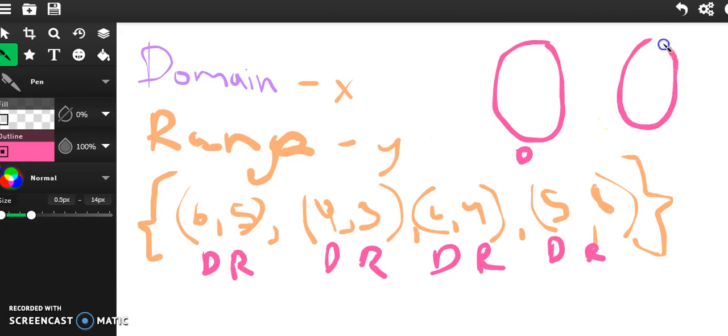I'm going to put all the values according to this relation, all the domain values here and all the range values here, and map them.